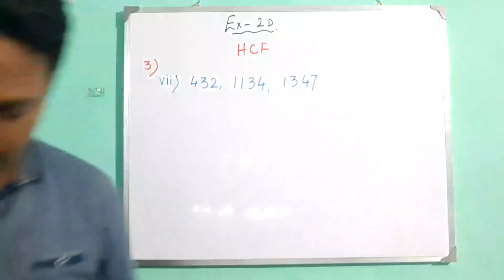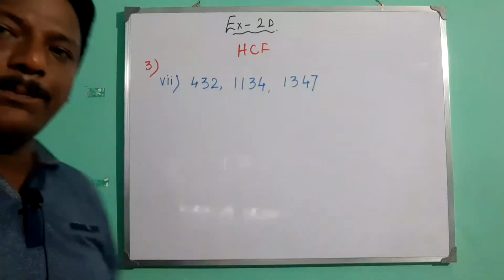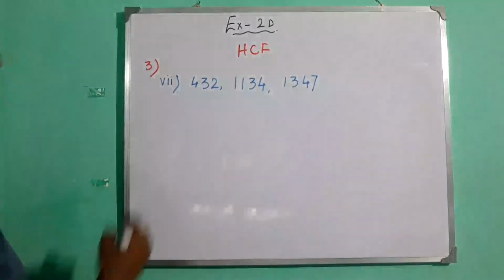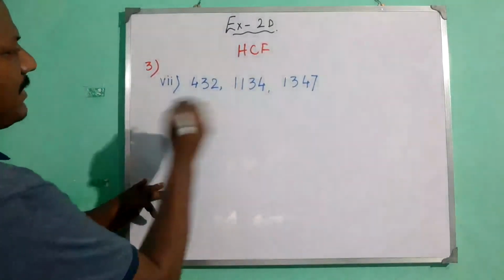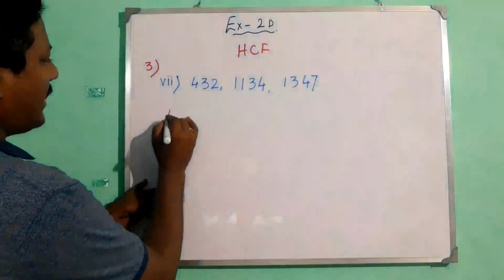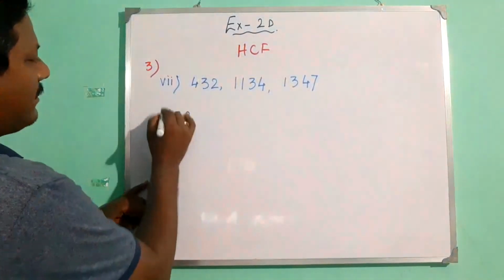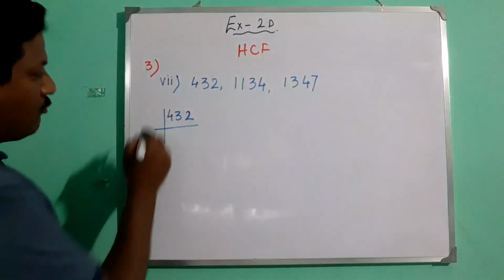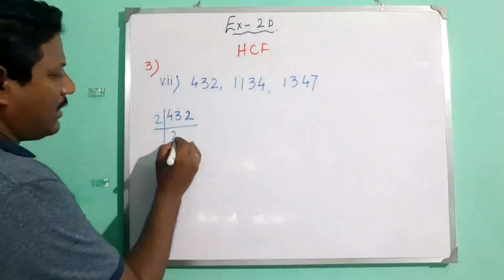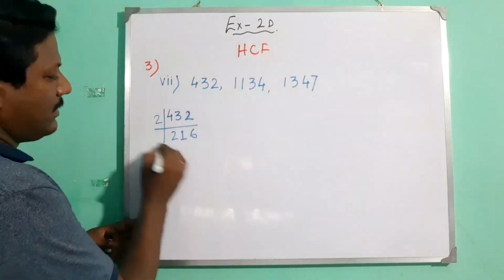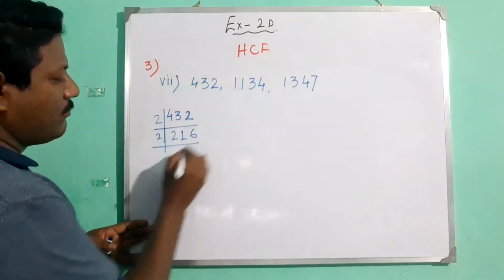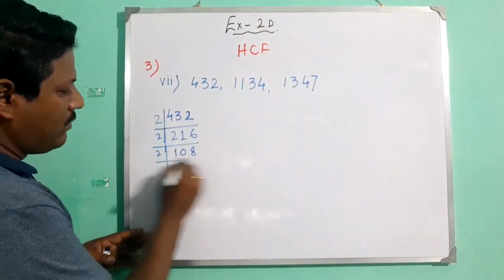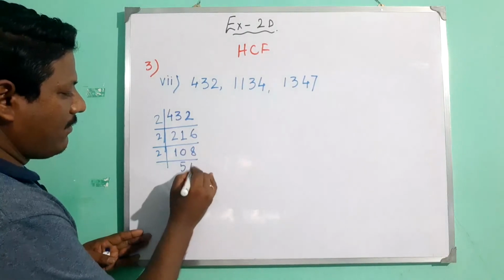So let us use the prime factorization method. We can find the factors of 432. It can go by 2: 2 twos are, 2 ones are, 2 sixes are. Again it can go by 2: 2 ones are, 2 fours are 8, 2 fives are 4.